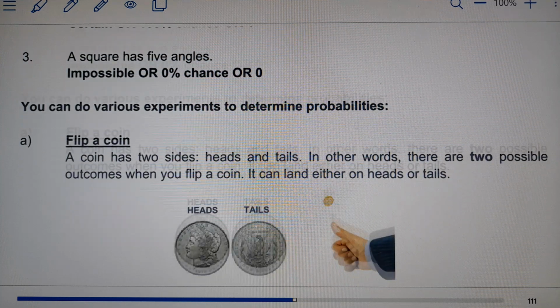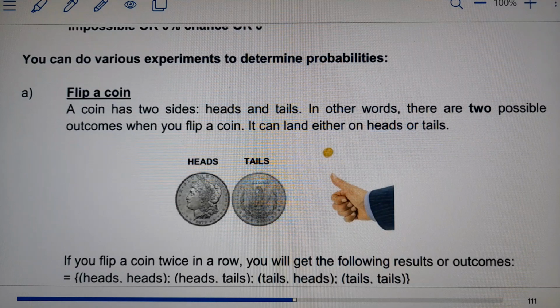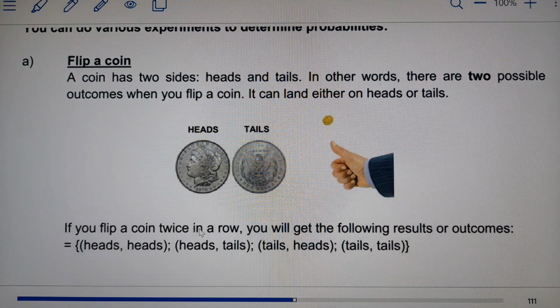So if you flip a coin twice in a row, you will get the following results. Remember, flipping once, we only have either head or tail. So if you flip twice, you can have heads and heads, heads and tails, tails and heads, and tails and tails.